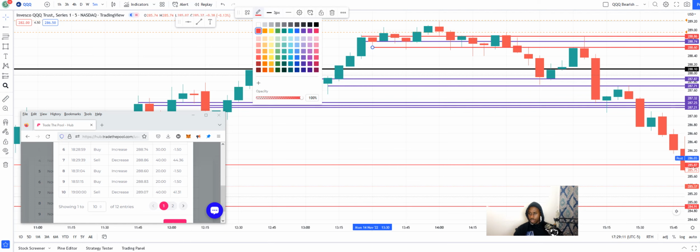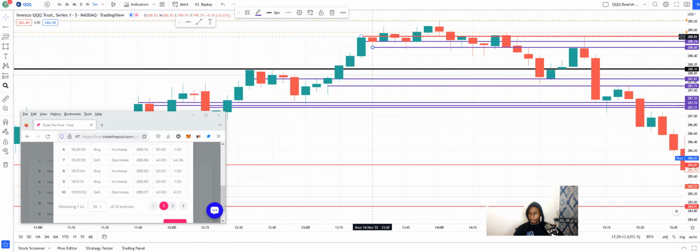Turn that to purple. So I only sold 40 shares up here, but I made sure to lock in some profit there. I'm like, okay, we rallied up this high, I'm going to make sure to take 40 right there. And then I entered to buy 20 more shares at 28860, and then at 150 I increased my position to 28883.